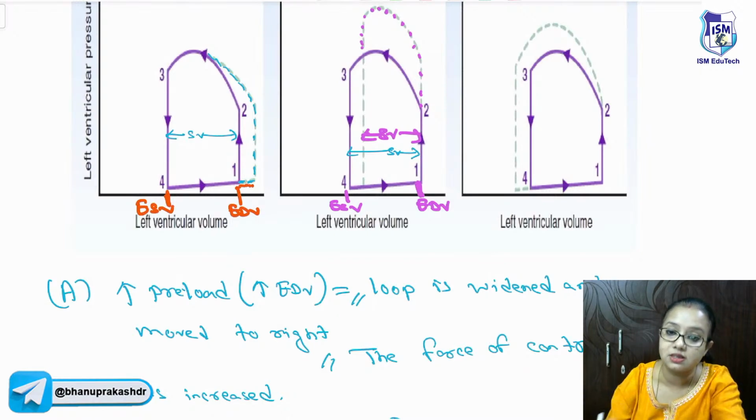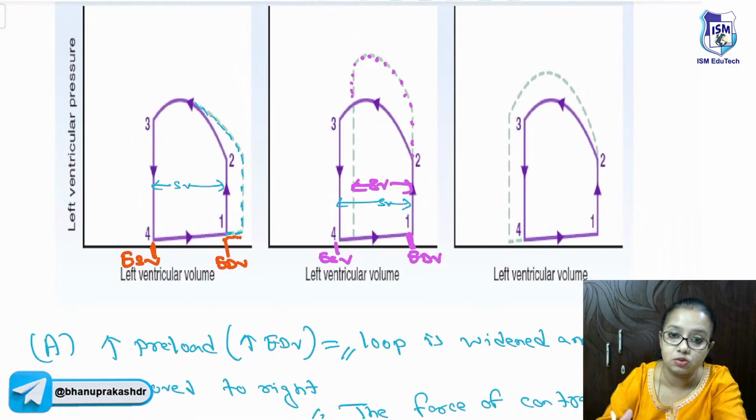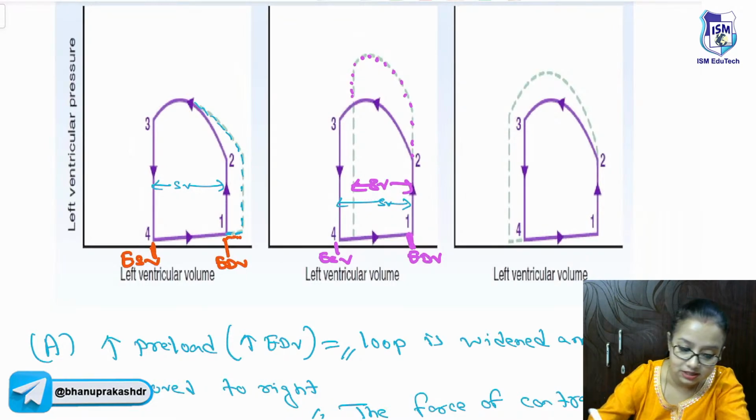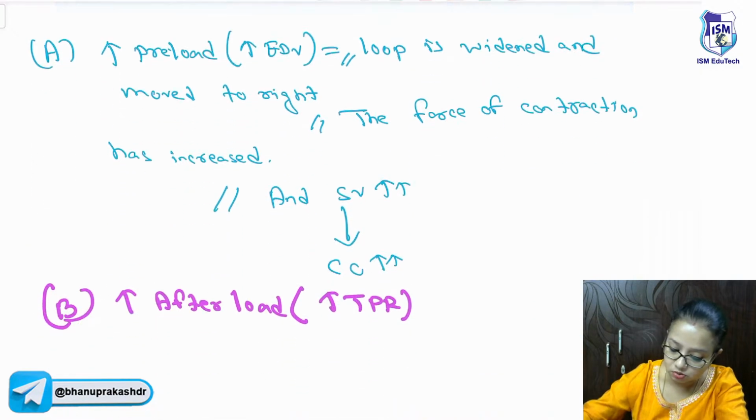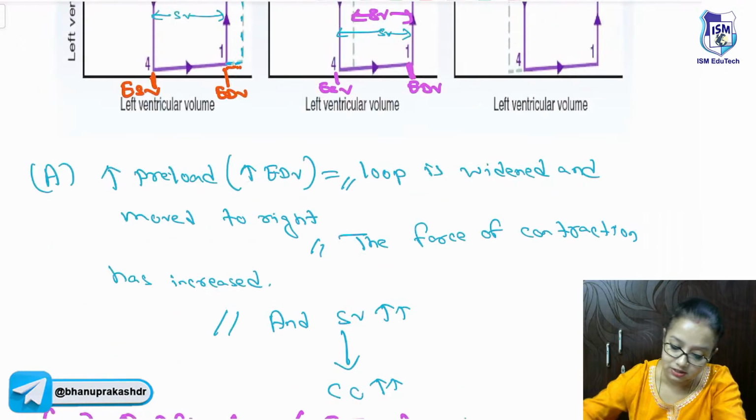Even after increasing its force of contraction, the ventricles are not able to pump as much blood as they should to the periphery. So there is a decrease in the stroke volume.